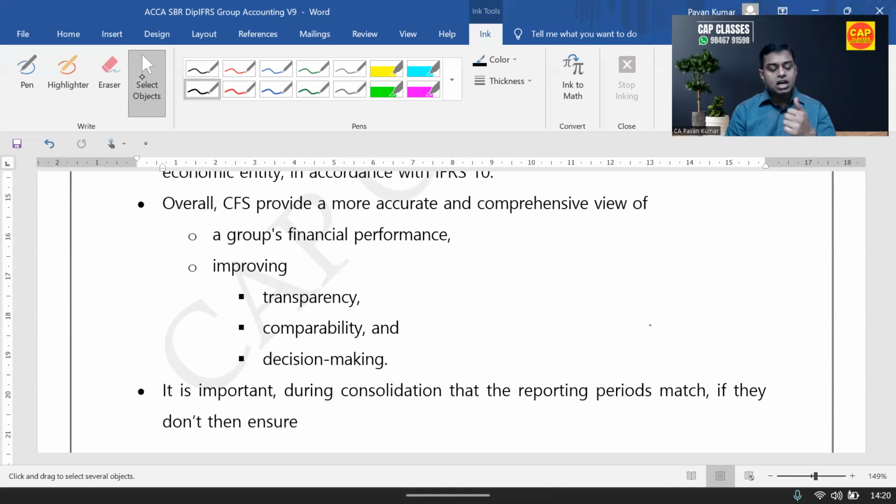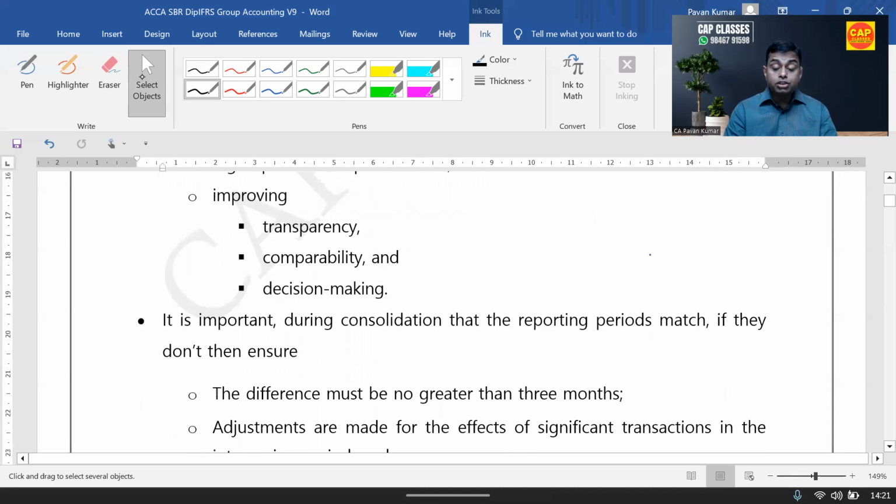And it improves transparency in financial reporting, comparability, and it enables effective decision making. So to improve transparency, to enhance comparability, and to give you insights for better informed decisions, consolidated financial statements are required.